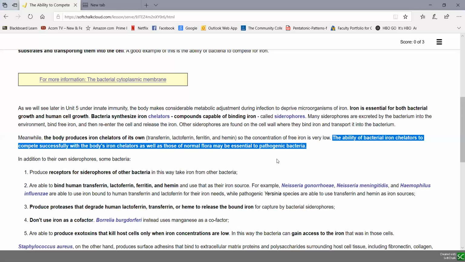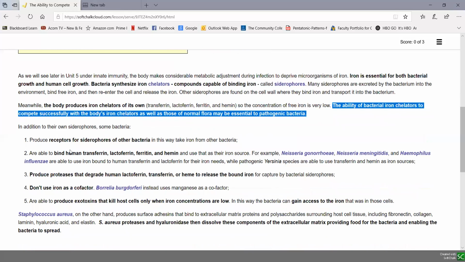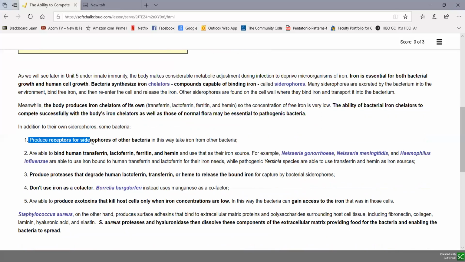Now, in addition to making siderophores, some bacteria use some other tricks to get their fair share of iron. Some bacteria produce receptors for siderophores of other bacteria, and in this way they steal iron from other bacteria. Also, some bacteria are able to bind our iron chelators, like transferrin, lactoferrin, ferritin, and hemin, and steal iron basically from us.